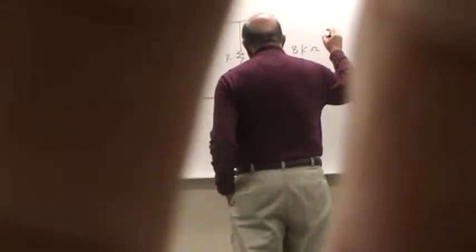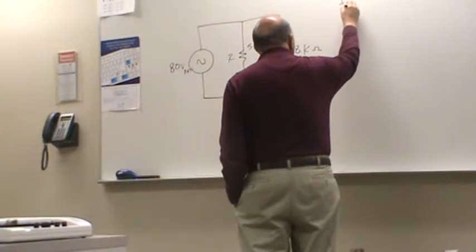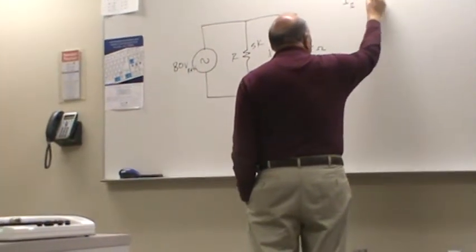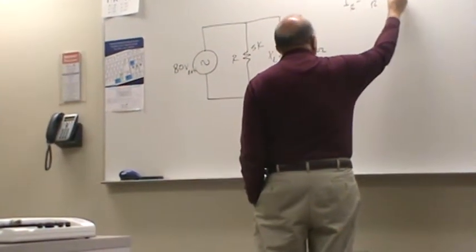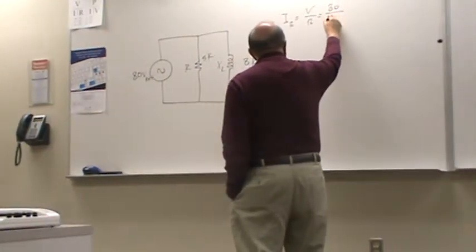Let's try it. I sub R is V over R, which is 80 over 5K.